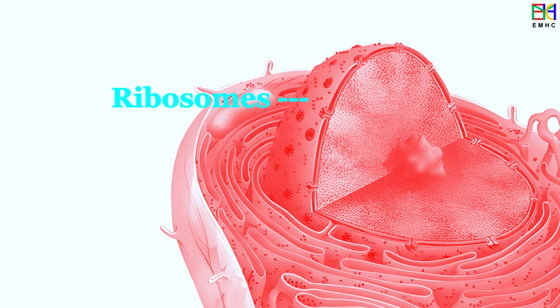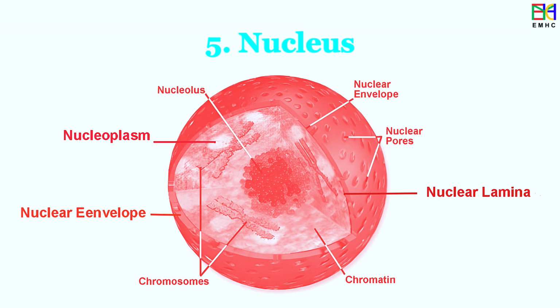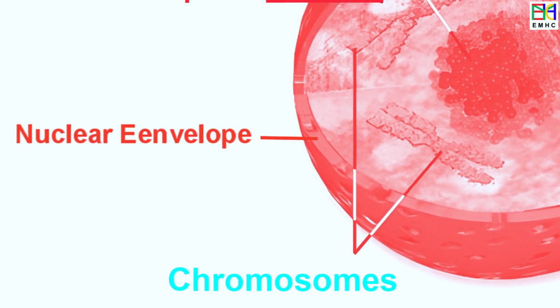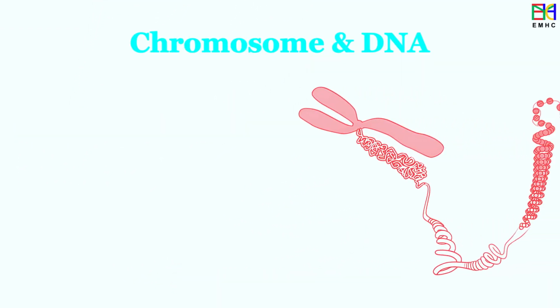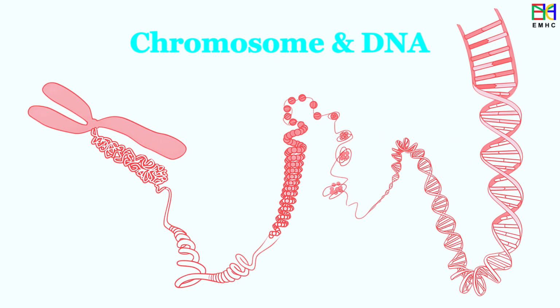The outer nuclear membrane is studded with ribosomes and is continuous with the rough endoplasmic reticulum. The nucleus also consists of nuclear lamina, gel-like nucleoplasm, chromatin, one or more nucleoli, and nuclear matrix. And it is the storehouse of the cell's genetic material DNA, deoxyribonucleic acid, in the form of chromosomes.